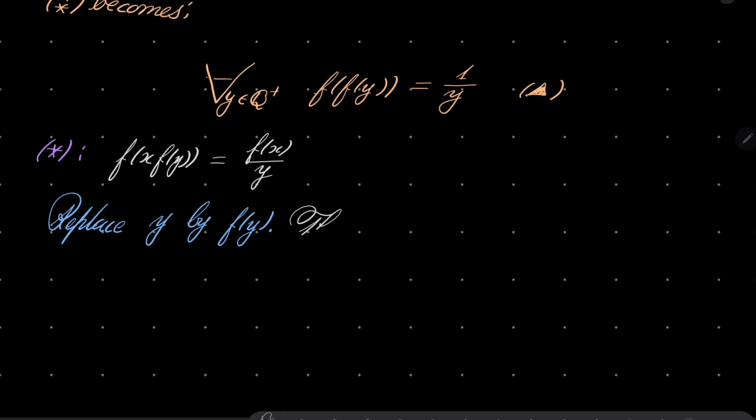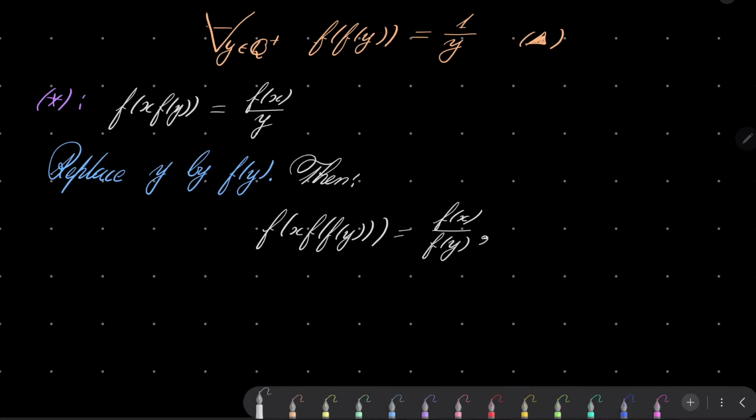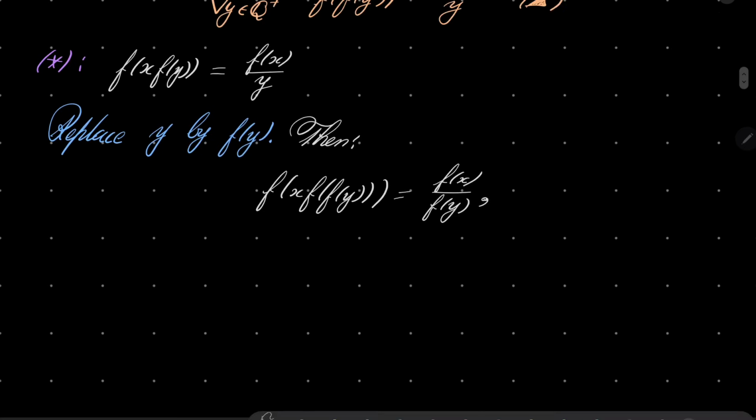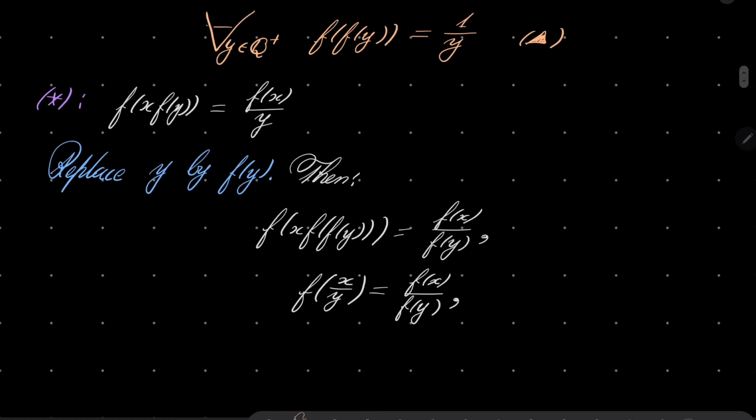Then we have the following: f of x, f of y equals f of x over f of y. But f of y, as we know, is just 1 over y. How do I know it? By our condition triangle.